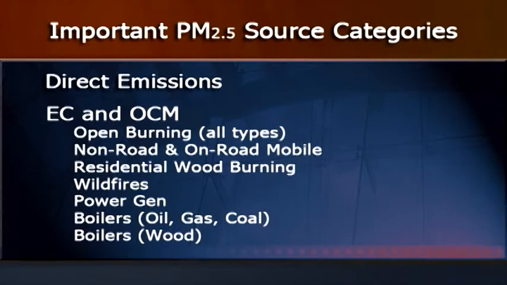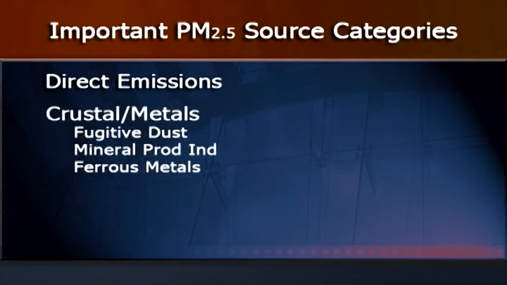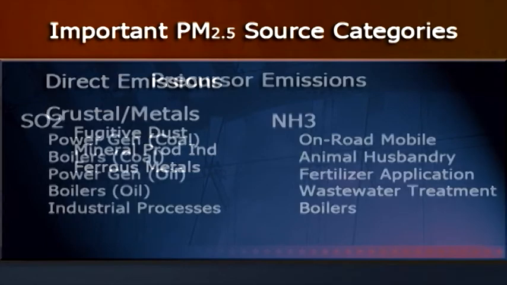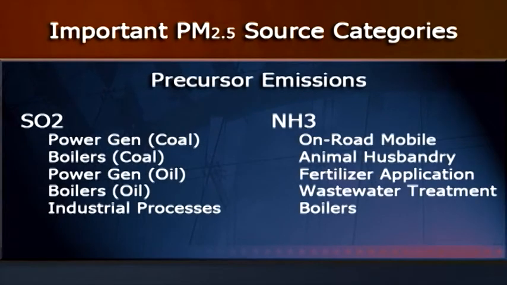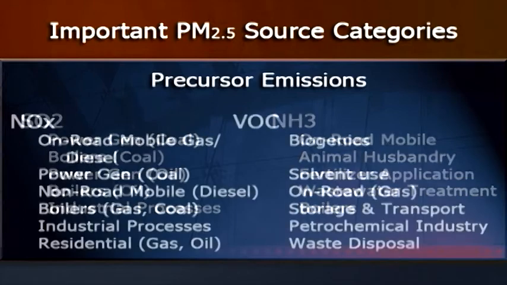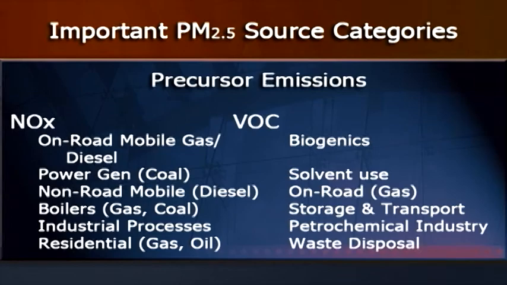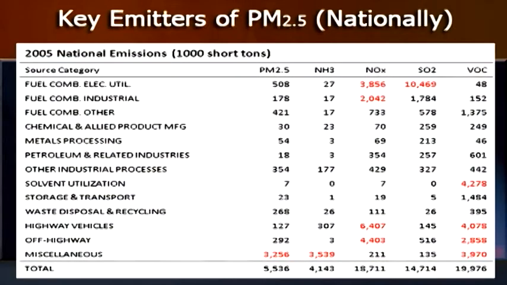This summarizes the larger source categories of PM2.5 direct and precursor emissions. It shows that combustion is a major source of both directly emitted particles and precursor gases. Now let's take a quick look at the National Emission Inventory for PM2.5 and its precursors.